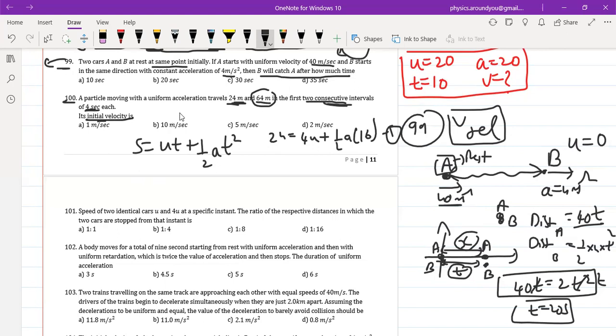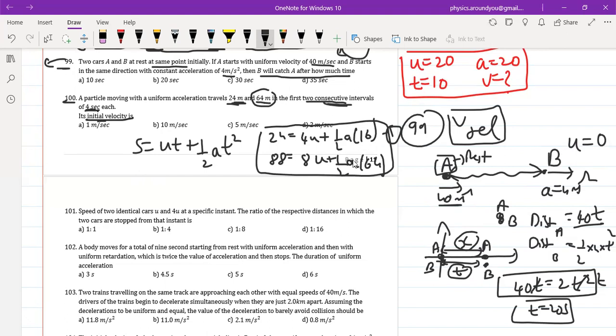From t equal to 0, it has traveled 64 plus 24, which is 88. 88 is equal to, and what's the total time? Total time is 4 seconds plus 4 seconds, 8 seconds. 8u plus half a into 8 square, 64. Well, you have got two equations and two unknowns.